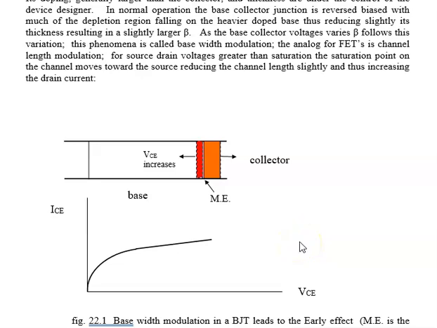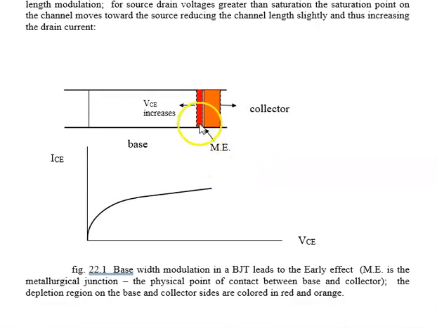So if you recall in a BJT, this is for a PNP structure, the base is more heavily doped than the collector, which means that the depletion region on the base side is thinner than the depletion region on the collector side, and they are shown here in red and orange.